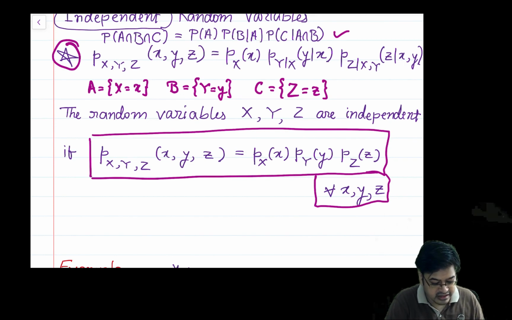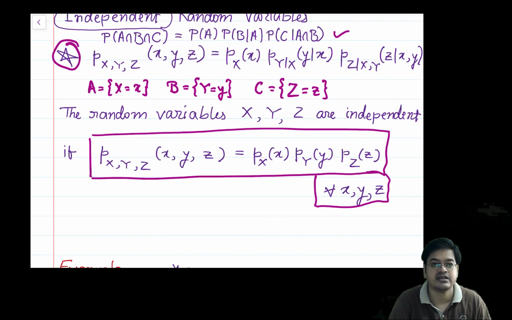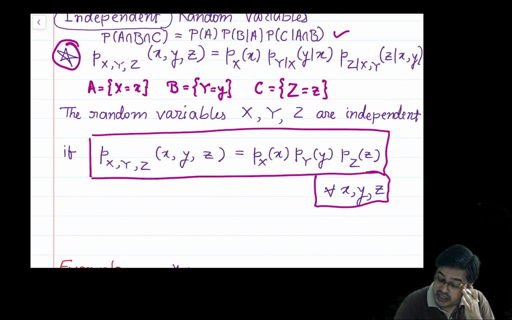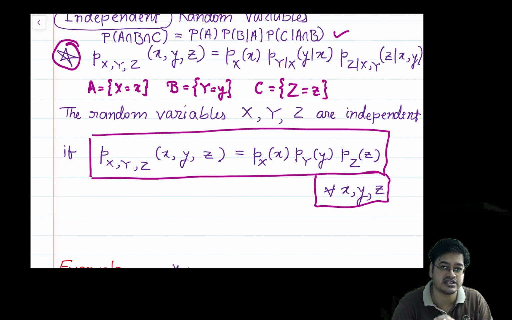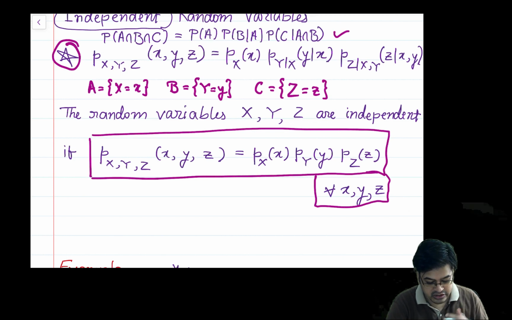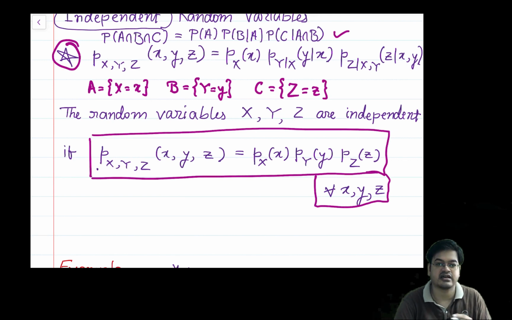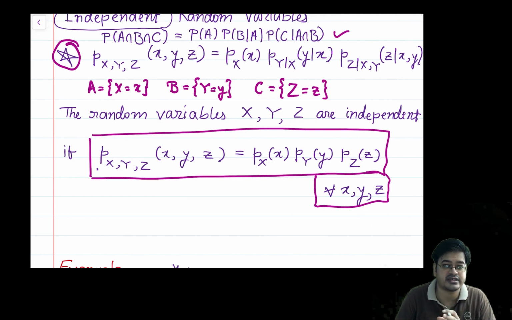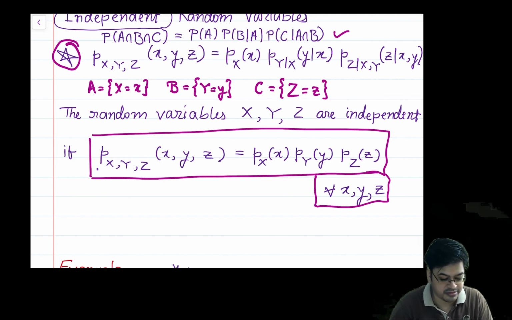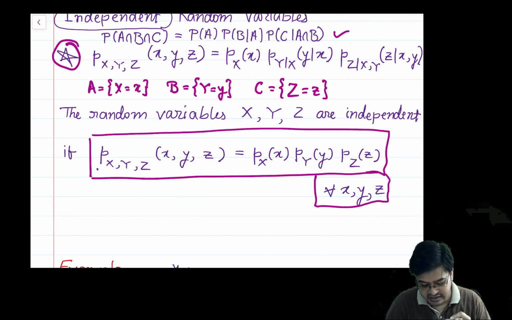Let us say I want to talk about three events A, B, C. Then I need to check first that they are pairwise independent, that is A, B; A, C; and B, C are independent by themselves, and their entire intersection, probability of A intersection B intersection C, is equal to probability of A into probability of B into probability of C. When you analyze that notion, it may appear to you that what we are doing here is just checking the condition that probability of A intersection B intersection C is equal to the product of probabilities. But that is not the case. How? I will show you.